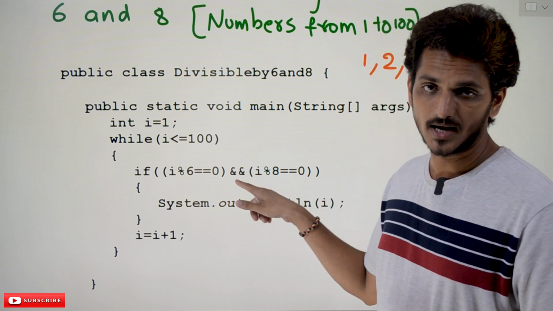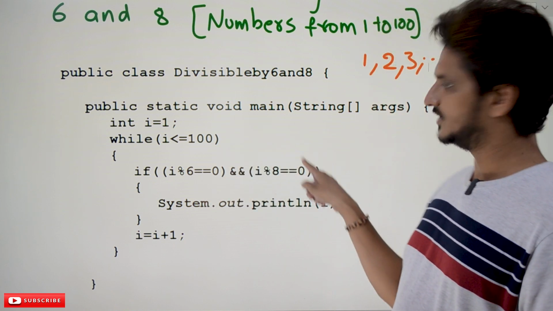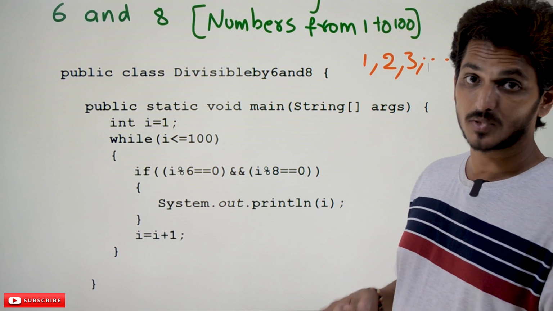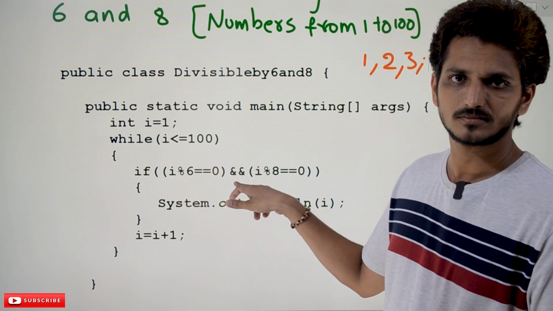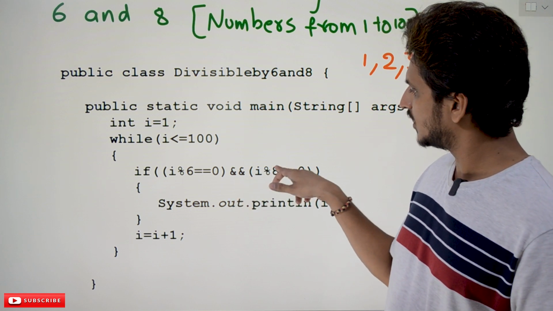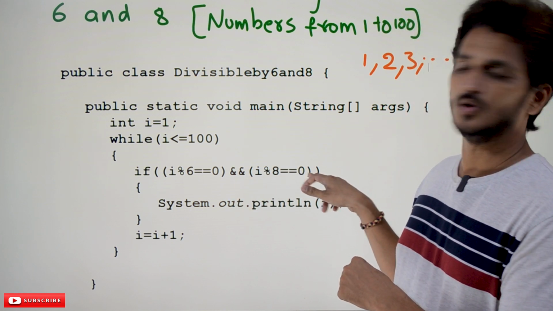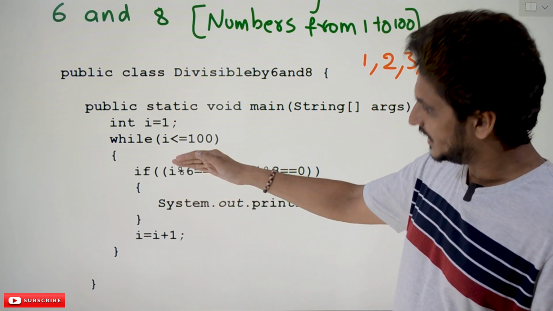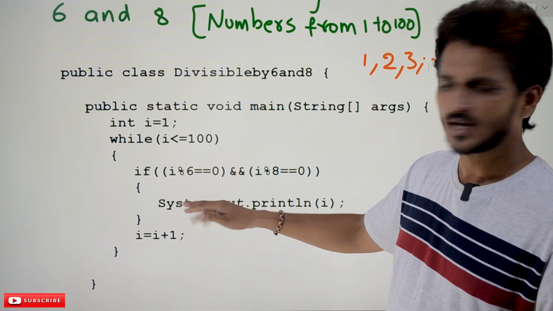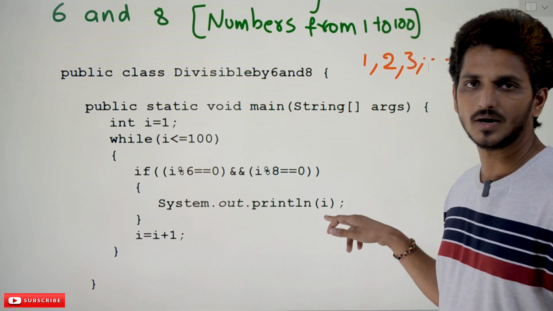And we use logical and: this condition should be true and this condition should be true. The number should be divisible by both 6 and 8. That's why logical and. So the same number, 1 modulus 8, should be equal to 0. If these two conditions are satisfied, then the overall condition is true. We will go inside the if statement and display the number.